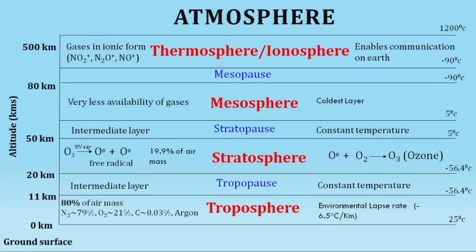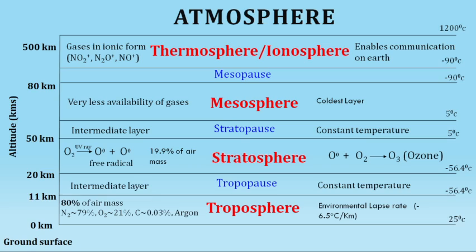So communication is only possible because of the presence of these ionic gas molecules, which help in reflecting the radio waves coming from one location to another location on this earth. So it helps in communication.